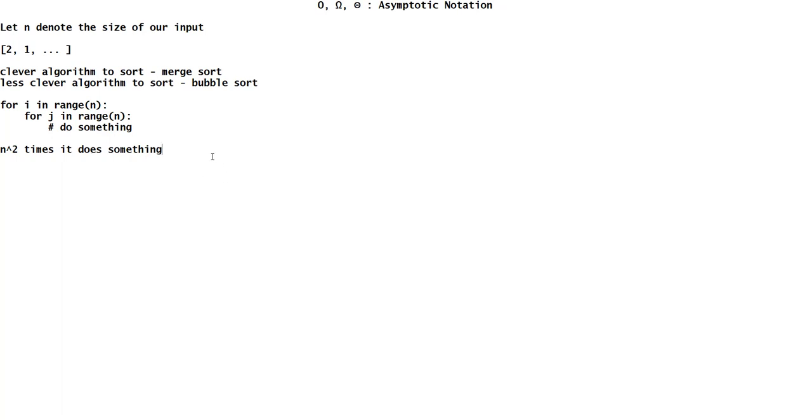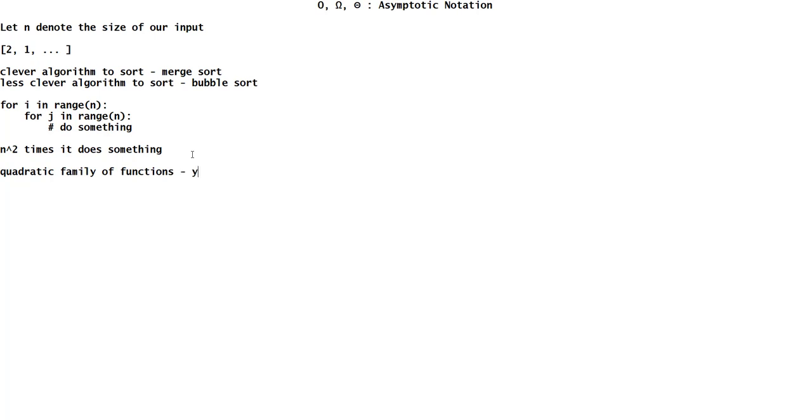So in this case, we said it has n squared steps. With respect to the input size, it has n squared steps, or that's how we described our running time. And now that distinct number of steps describes a distinct family of functions. In fact, it describes the quadratic family of functions.